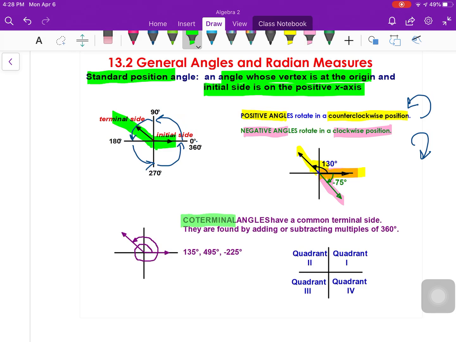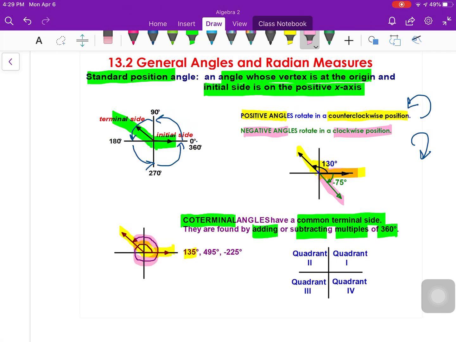Then we have coterminal angles. They are angles who have a common terminal side. We find them either by adding 360 or subtracting 360, sometimes multiple number of times. So let's take a look down here. I have my initial angle of 135 degrees. If I continue to spin all the way around again, I have a coterminal angle.